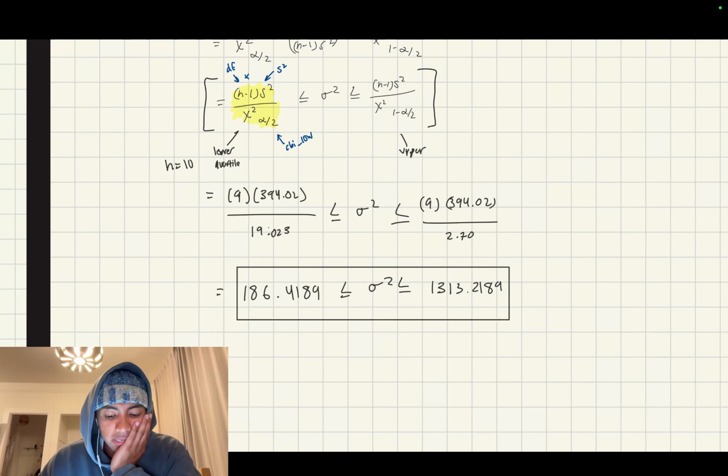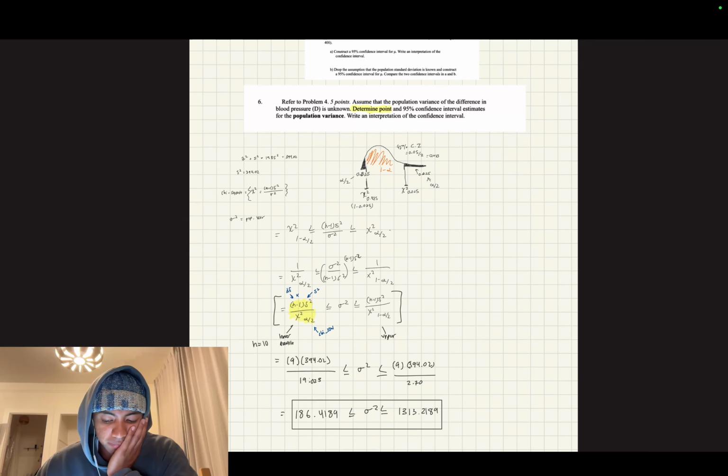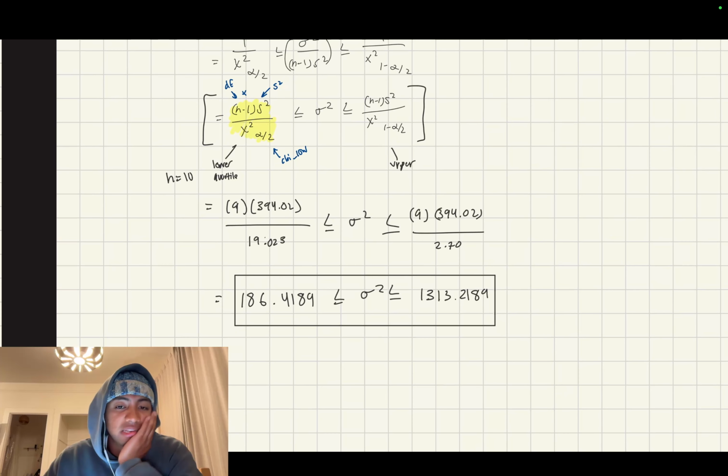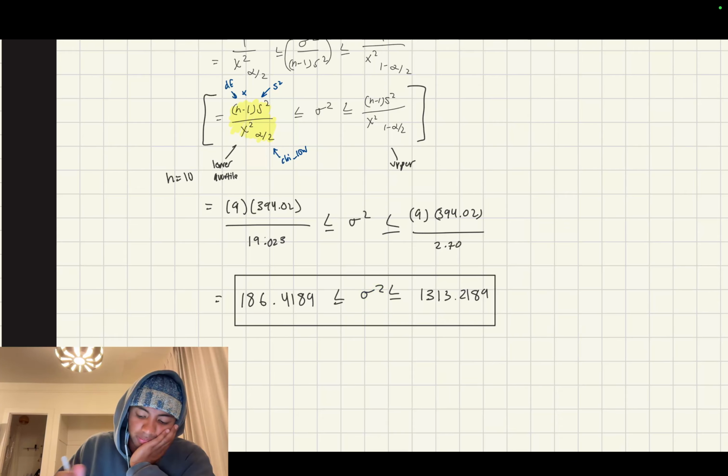And we're almost done here, right? We've done the confidence interval, and we can say that we are 95% confident that our population variance lies between 186.4189 and 1313.2189.